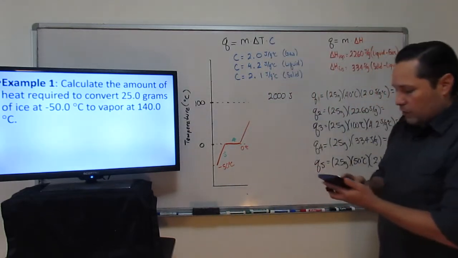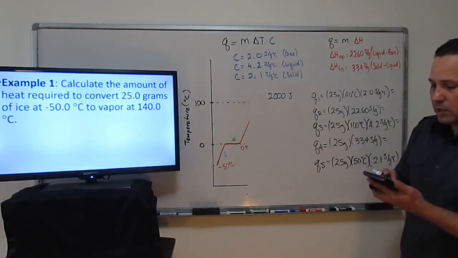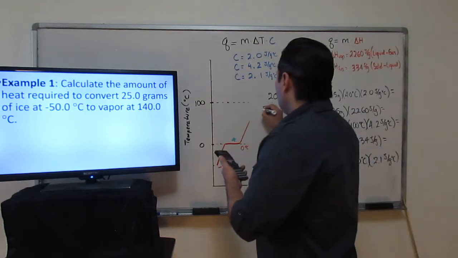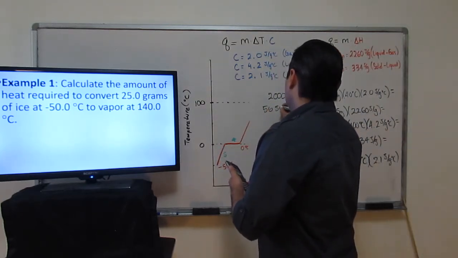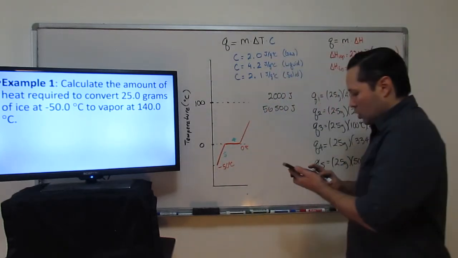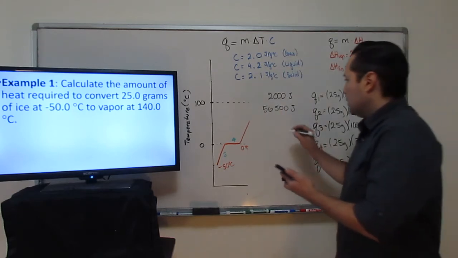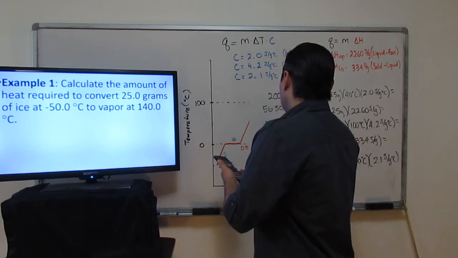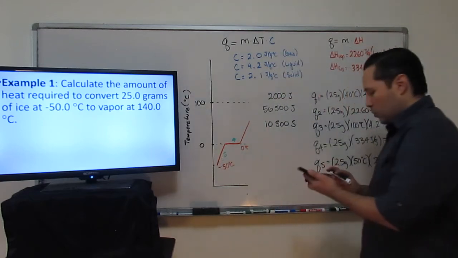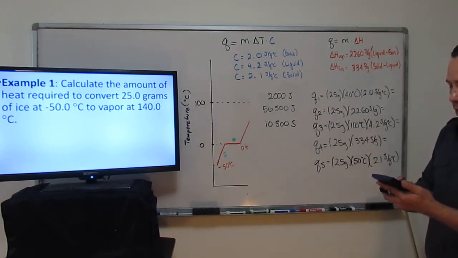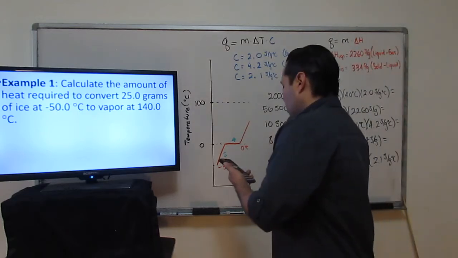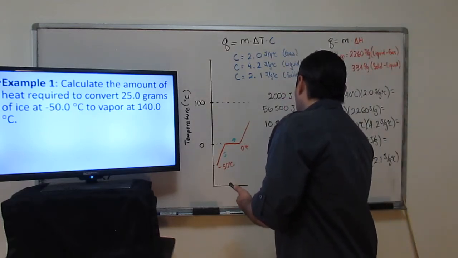Next one is 25 times 2260. It gives me 56,500 joules. 25 times 100 times 4.2 gives 10,500. For the third one, 25 times 334 gives me 8,350 joules.